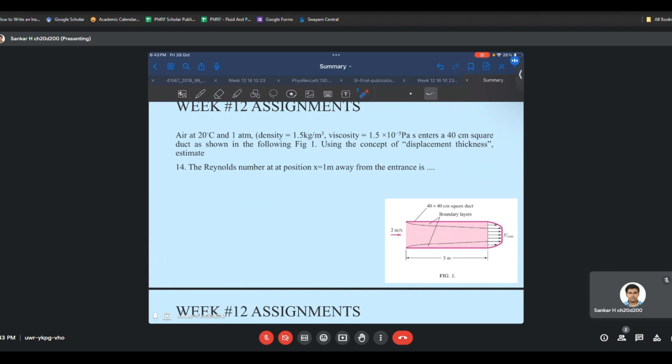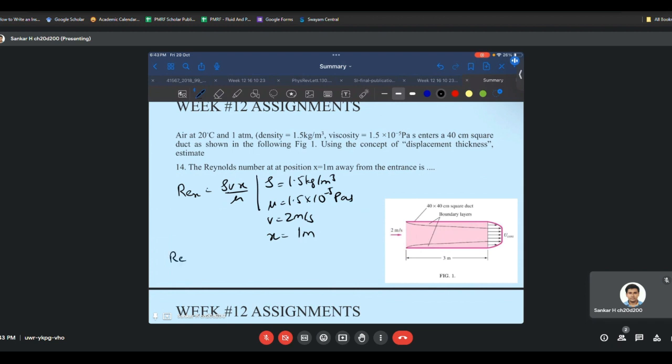And using the concept of displacement thickness, we have to estimate the Reynolds number at a position 1 meter away from the entrance. So the Reynolds number is given by rho V x by mu. Let's write down the values: rho equal to 1.5 kilogram per meter cube, viscosity equal to 1.5 into 10 raised to minus 5 Pascal seconds, velocity equal to 2 meters per second, that is given here, and the position equal to 1 meter.